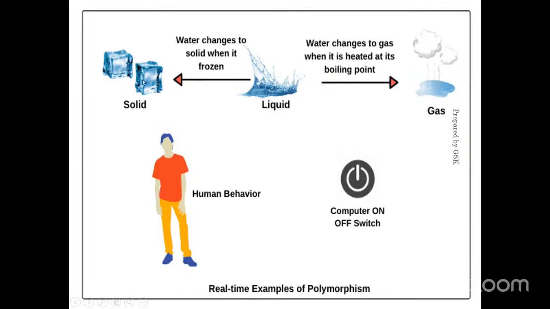Frozen is an input that may change it into ice. And when you heat it, the input is heat, and the water may change its form from liquid to gas. So here you must understand the thing is the same, water, but it may show different behaviors when you apply different inputs. So this is what polymorphism is.